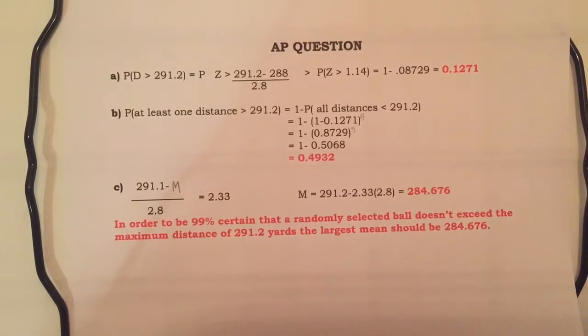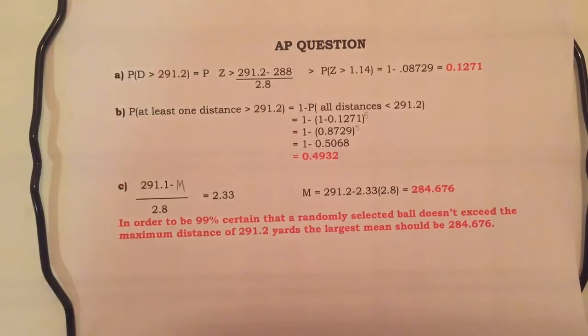Part B is asking, assume the mean distance traveled is 288 yards and that 5 balls are independently tested. What is the probability that at least one of the 5 balls will exceed the maximum distance of 291.2 yards? So what you have to do in this one is calculate the probability of at least one of the 5 balls exceeding 291.2 yards.